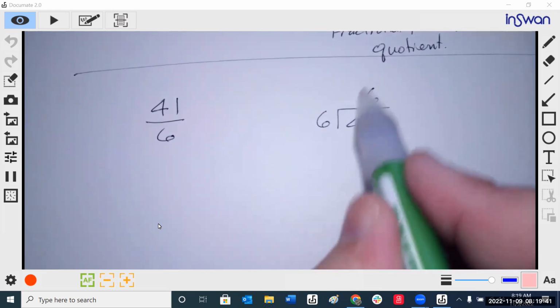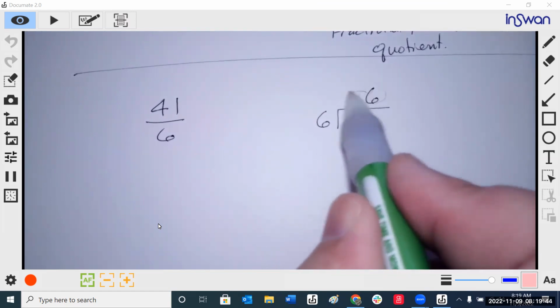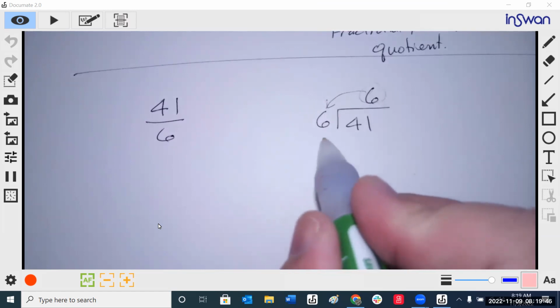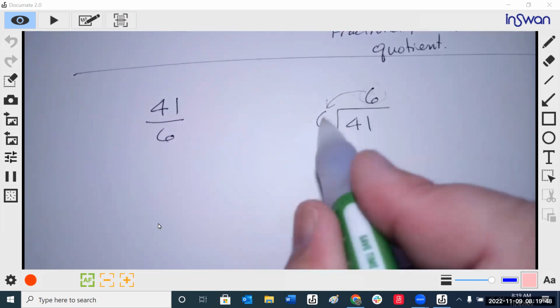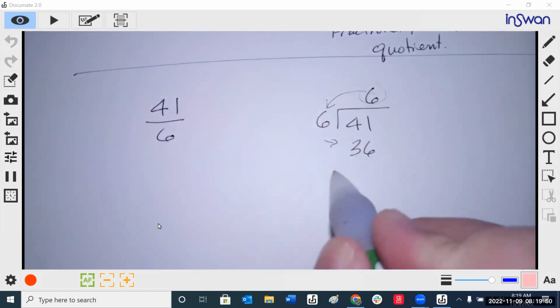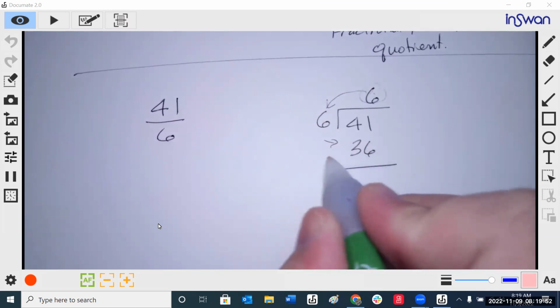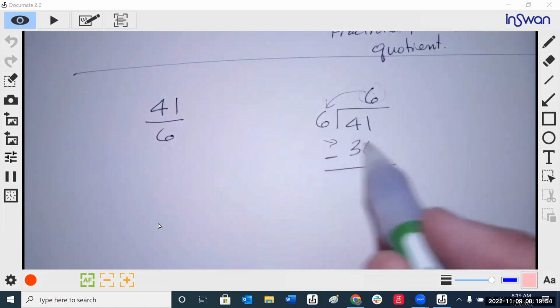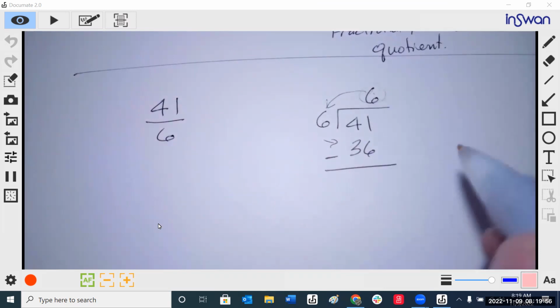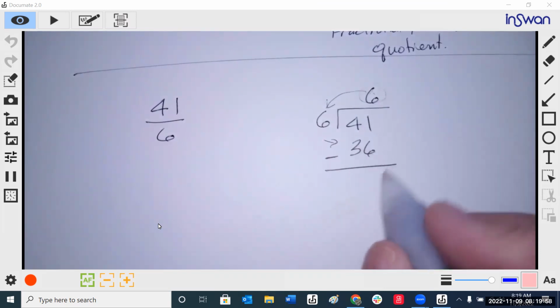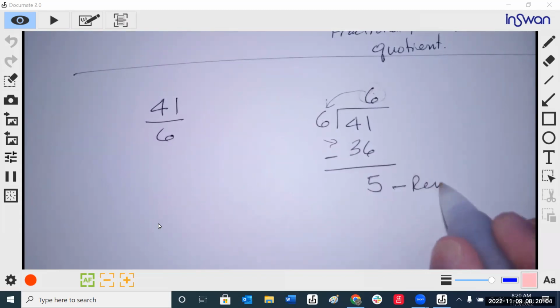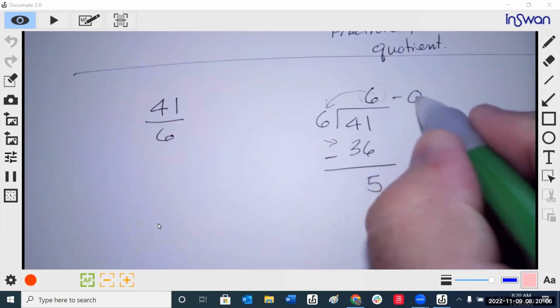Whatever we put here, we multiply to there and put the answer down there. So 6 times 6 is 36. Subtract. In other words, change the sign of this number and add. 41 minus 36 is 5. This is your remainder. This is your quotient.